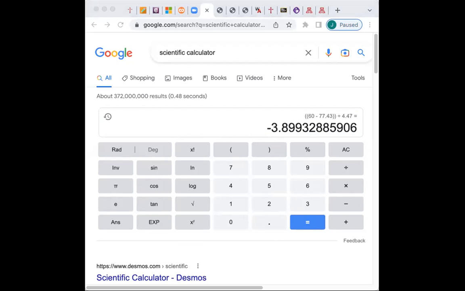Negative 3.89. Or we could do 3.9. We could round, it wouldn't matter. We can round it, that's fine.